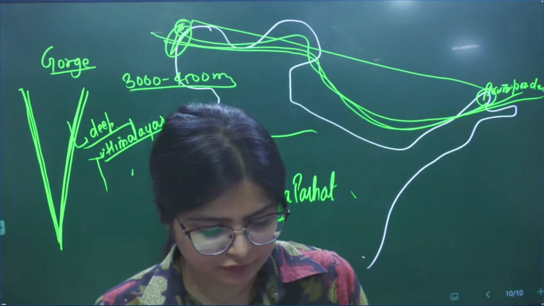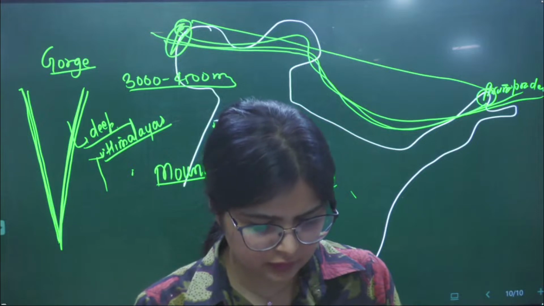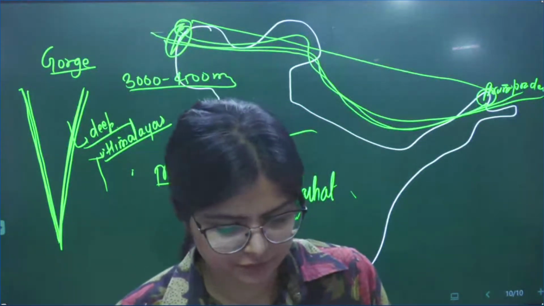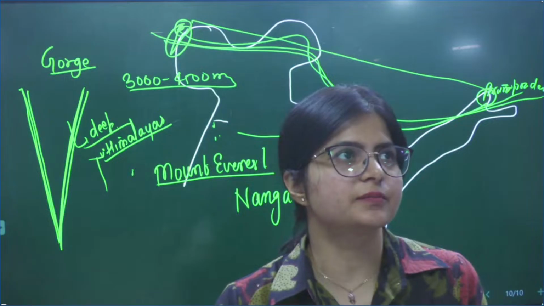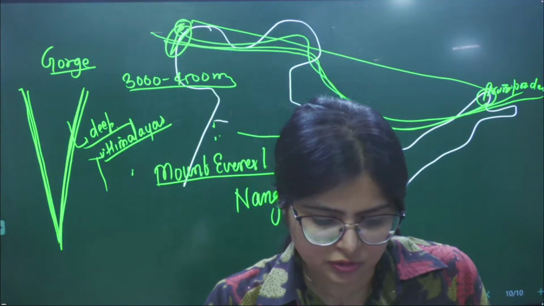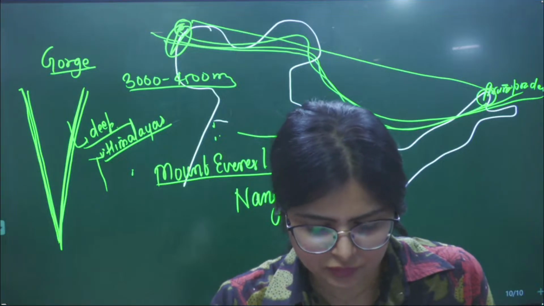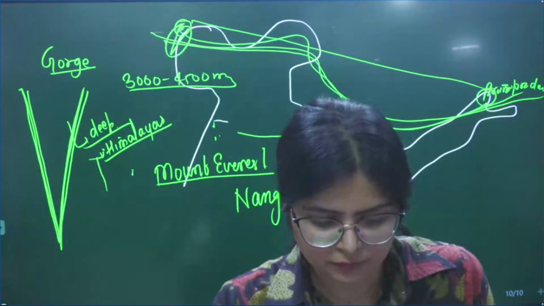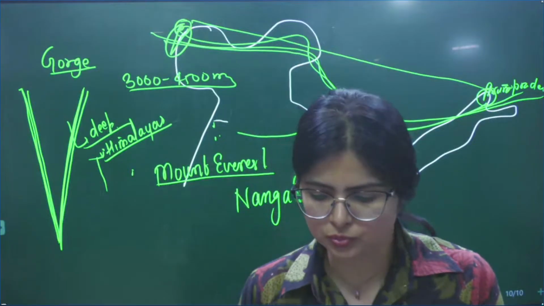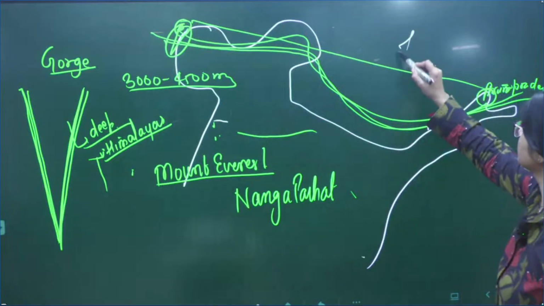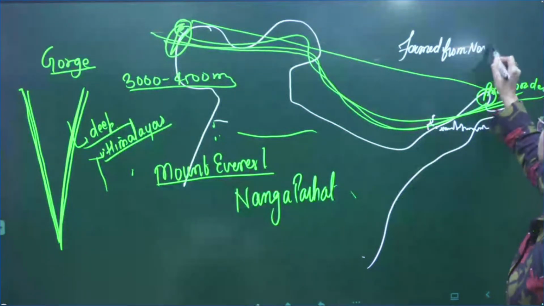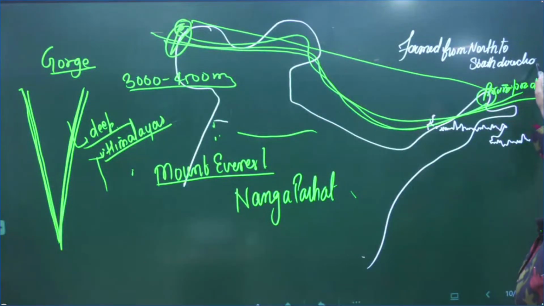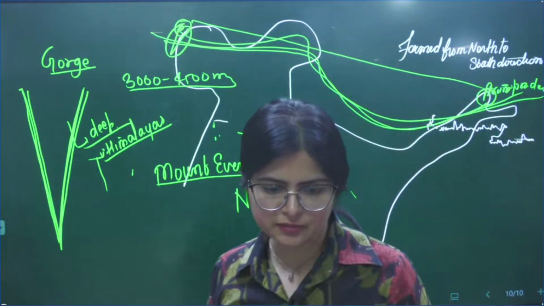These are the part of the Himalayan mountain system having their general alignment from the north to south direction. ठीक है. नेक्स्ट पॉइंट लिखेंगे.